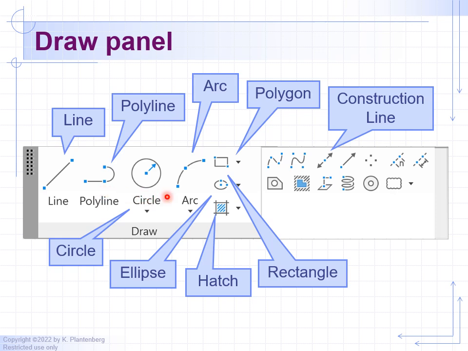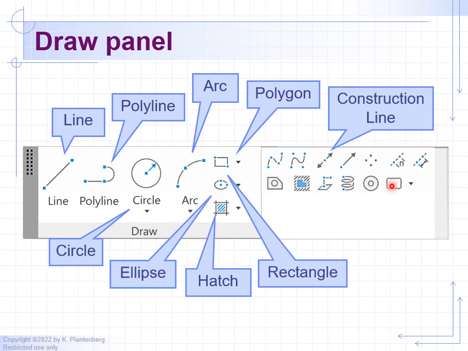We have circle, right? We have arc. We have polygon. Right? Polygon essentially is a closed object that's made up of multiple lines. The most common polygon you're probably going to use is the rectangle one, but there are other options there. Now we also have the rounded shape, our ellipse shape. We'll get into hatch. Hatch is when we want to fill something in with, say, cross hatching. And keep in mind, this is a flyout window.